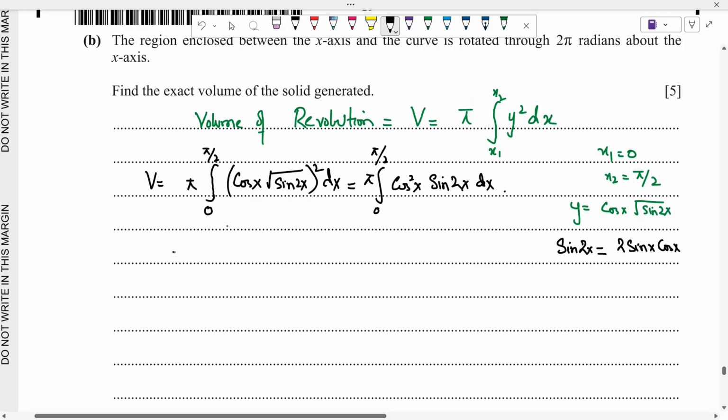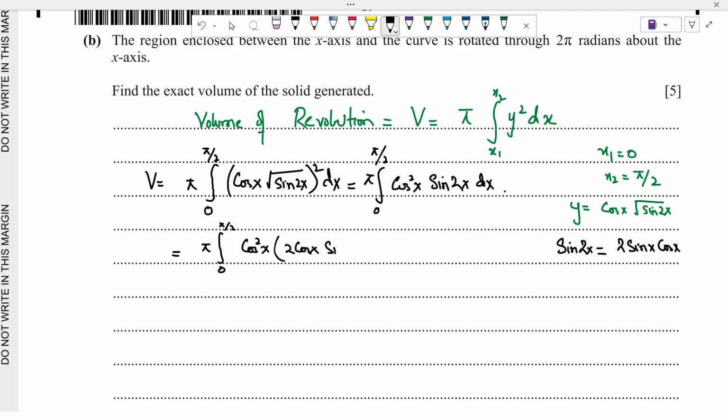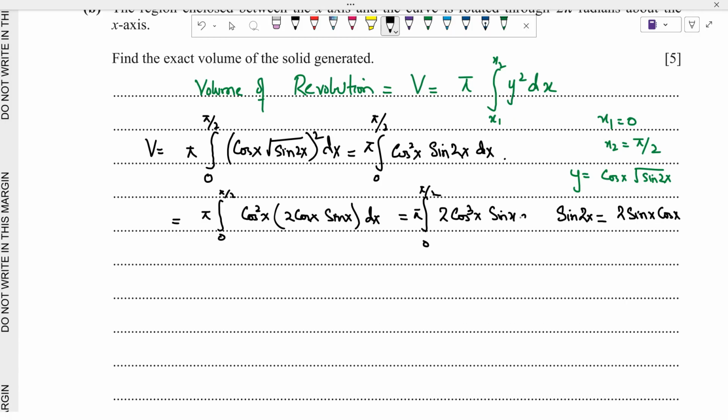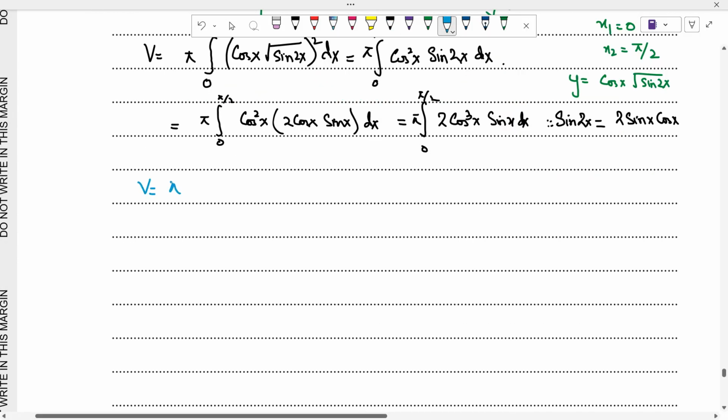So the given integration will be pi, 0 to pi by 2, cos square of x times 2 cos of x sine of x dx, and this one is equal to 0 to pi by 2, pi times 2 cos cube of x sine of x dx. We need to find the integration 2 pi integration from 0 to pi by 2 of cos cube of x times sine of x dx.